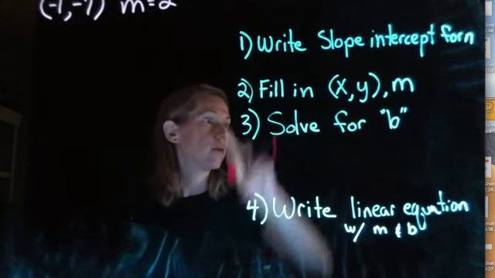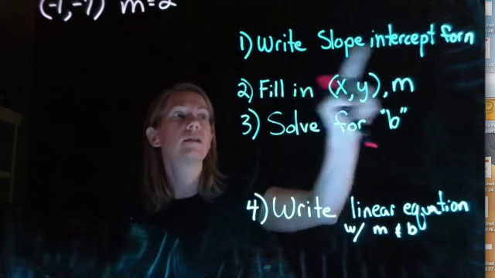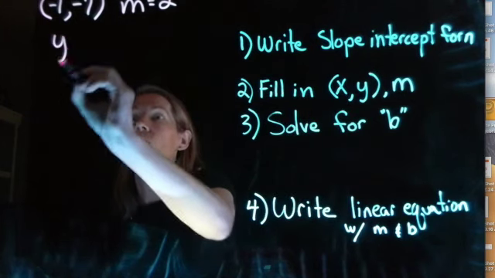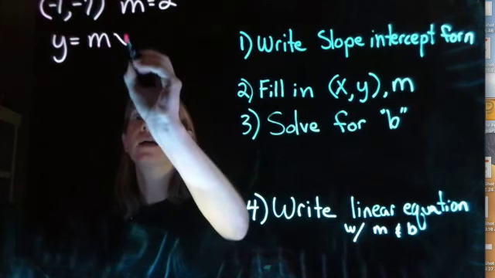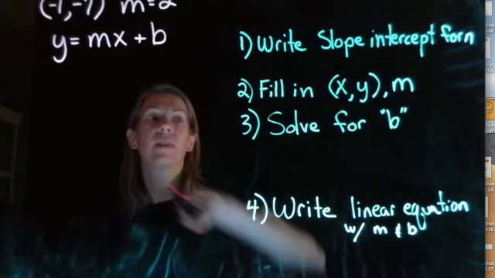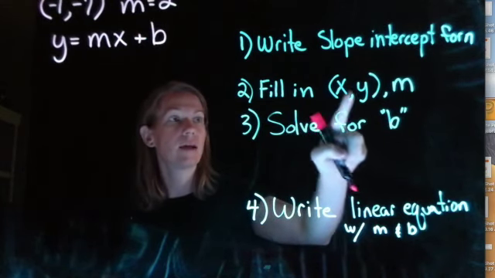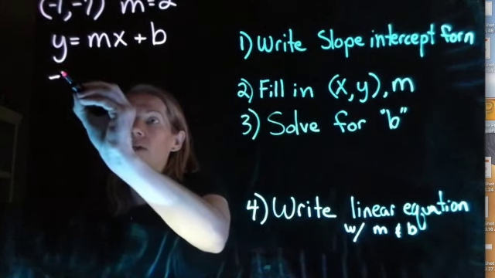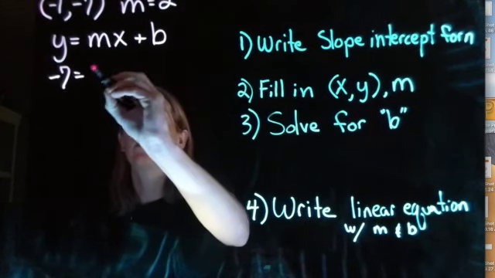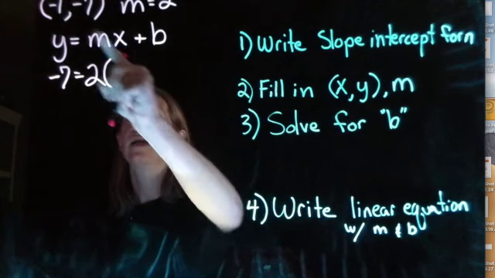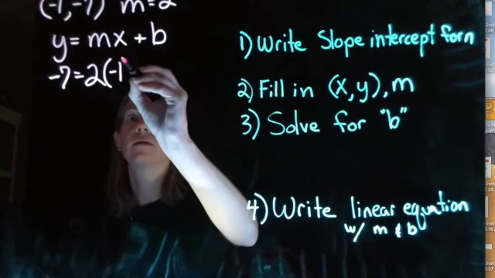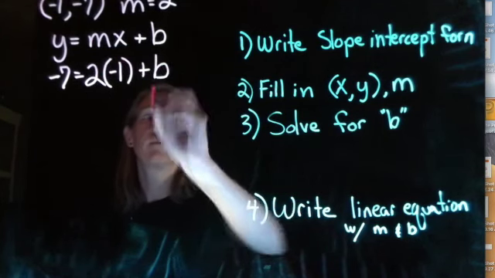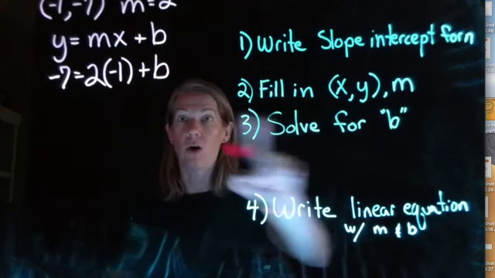So once again, the key is you need to write slope-intercept form. So y equals mx plus b. Now fill in the x, y, and the m. So we have a y of -7, an m of 2, and an x of -1. Step 3, solve for b.